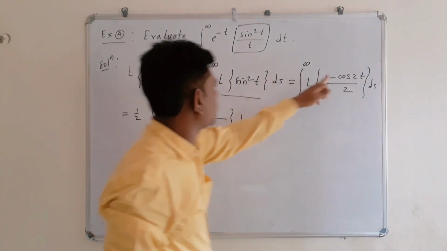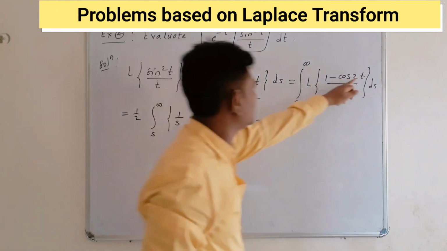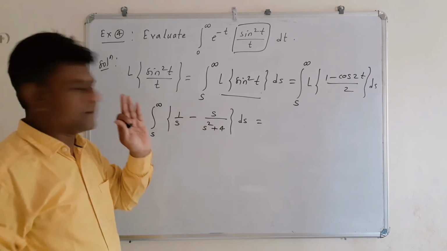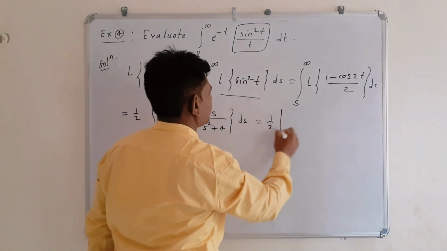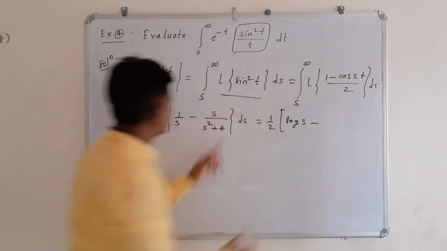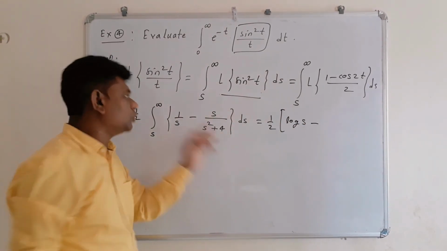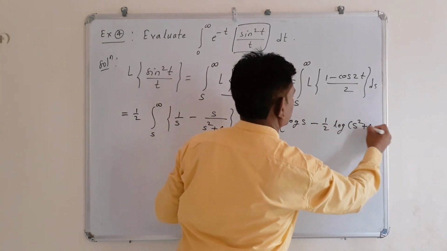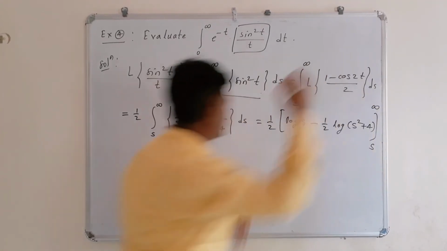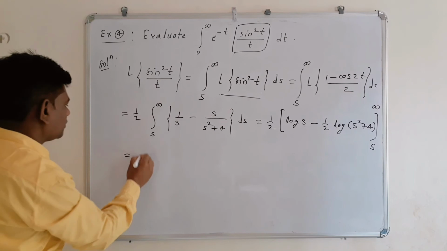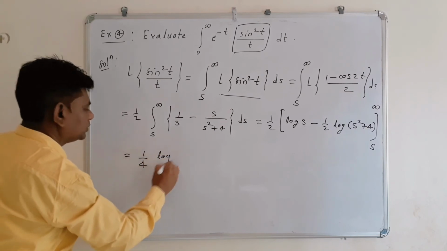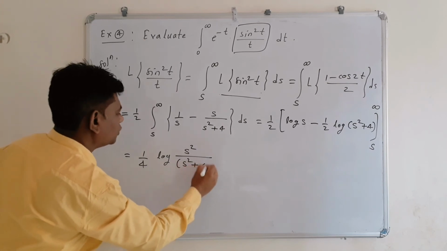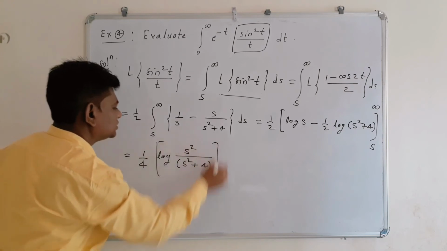Now the Laplace transform of 1 is 1 by s, and the Laplace transform of cos 2t is s upon s square plus 4. Now the integral of 1 by s is log s, minus the integral of s upon s square plus 4, which is half log of s square plus 4, with limits s to infinity. This is equal to 1 by 4 log of s square upon s square plus 4, with limits s to infinity.